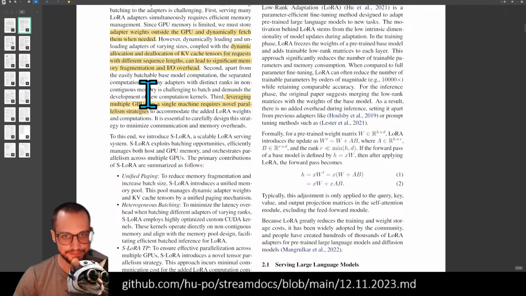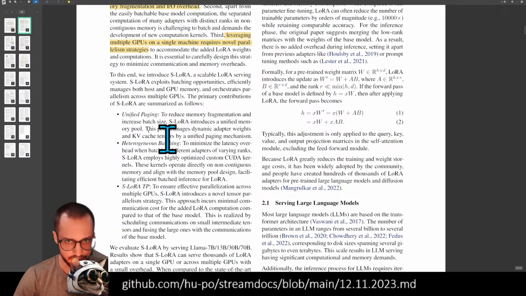To this end, we introduce S-LoRA, a scalable LoRa serving system. S-LoRA exploits batching opportunities, efficiently manages both host and GPU memories, and orchestrates parallelism across multiple GPUs. Okay, so the primary contributions are as follows. Unified paging. To reduce memory fragmentation and increase batch size, S-LoRA introduces a unified memory pool.